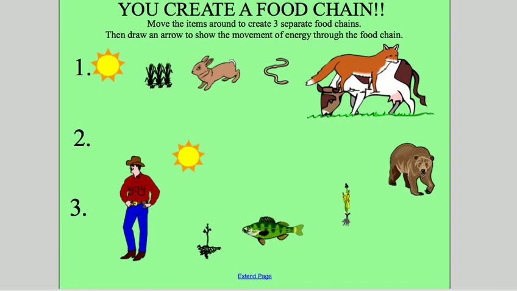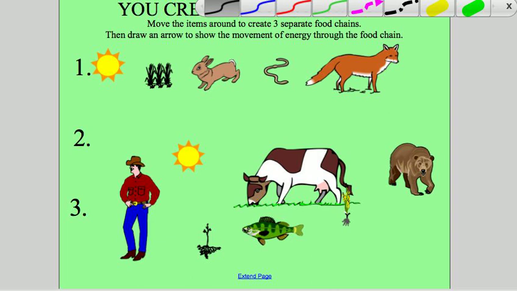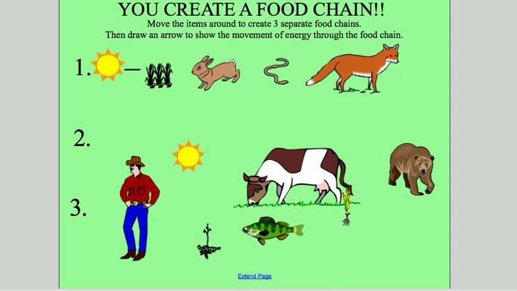The fox. Then we'll draw an arrow to show the flow of energy. Continue for the other two.